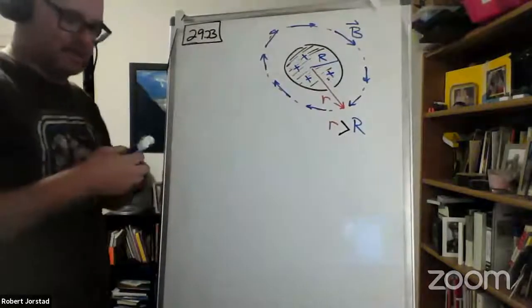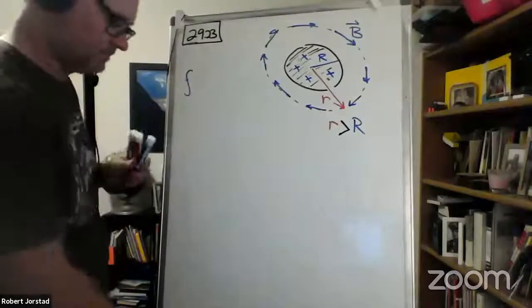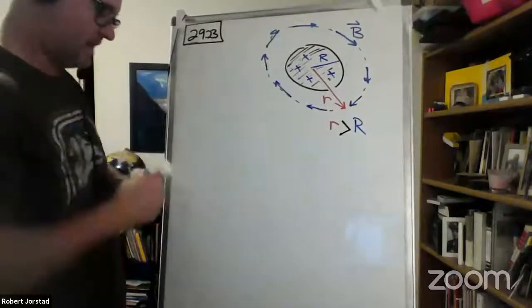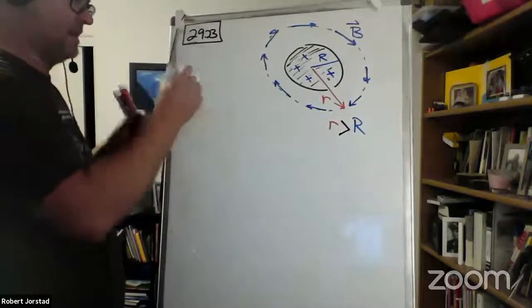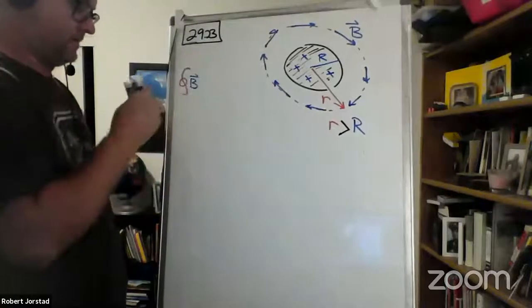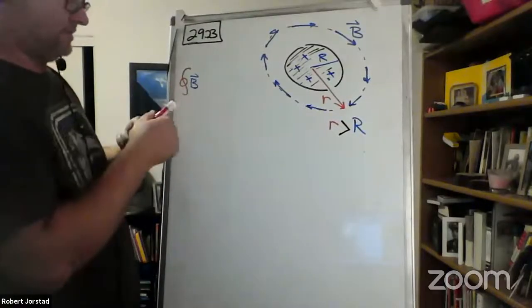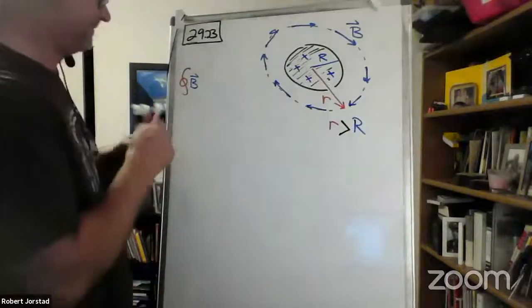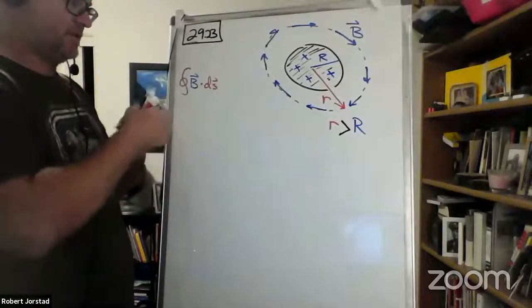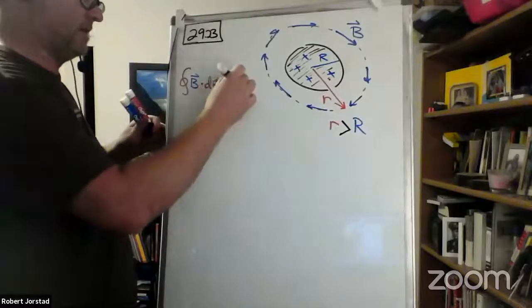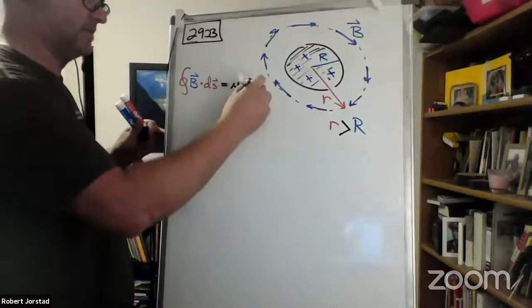Now, strictly speaking, this is the correct way to do it. We'd say that the integral along a closed path of B dot ds should equal mu naught I enclosed.